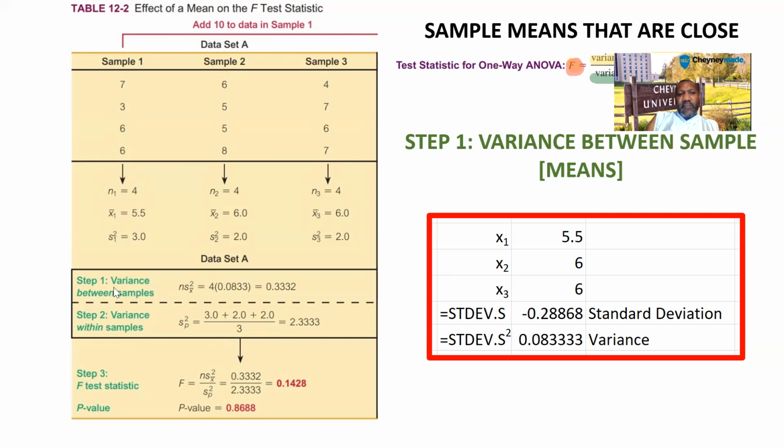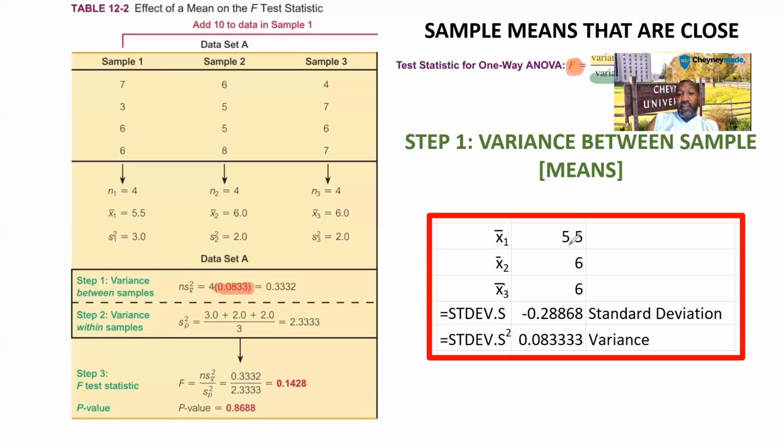Step 1, we got to get the variance between samples. Now, many people always ask, like, where in the world does this come from? For a while, it took me a while to understand where this came from. But I am going to show you, right? Now, I should have a bar here to cover this up because this should be X bar, X bar, X bar.